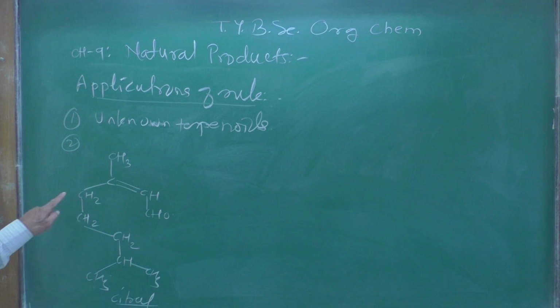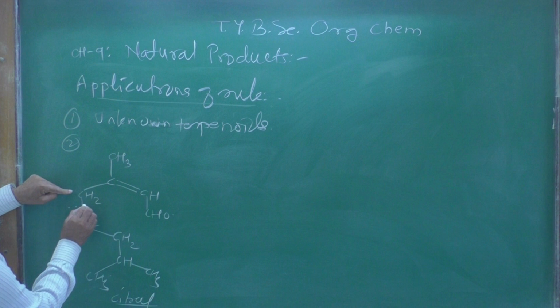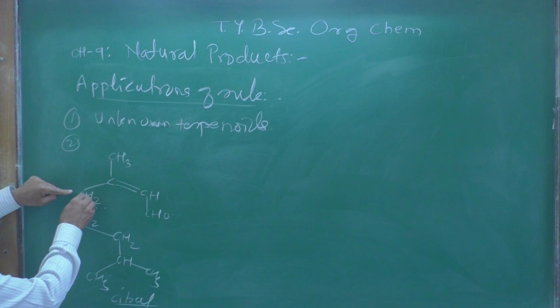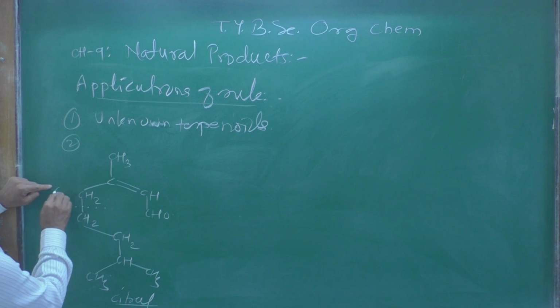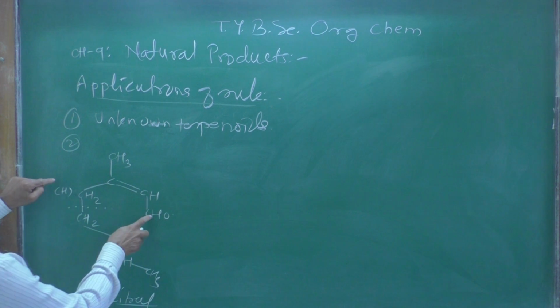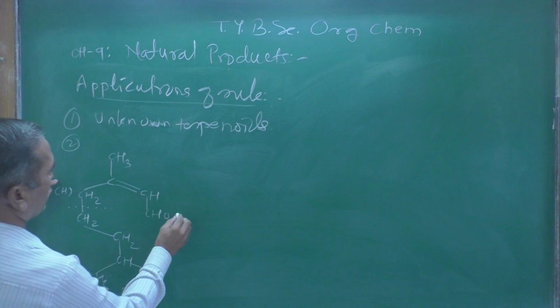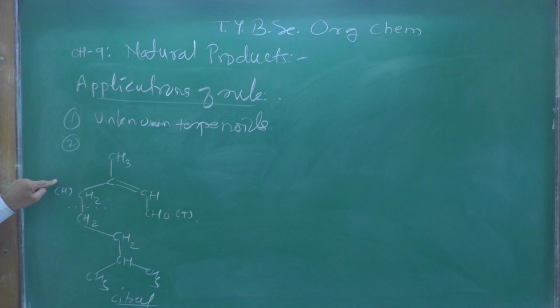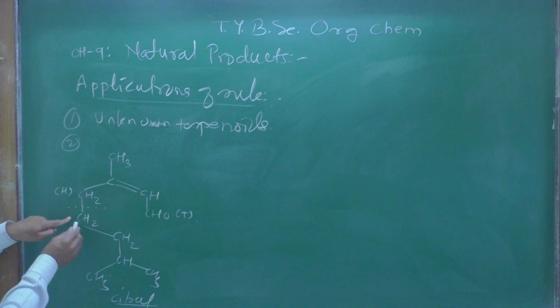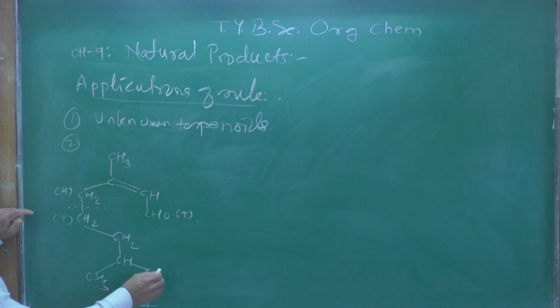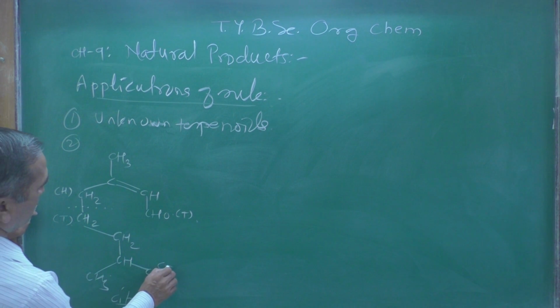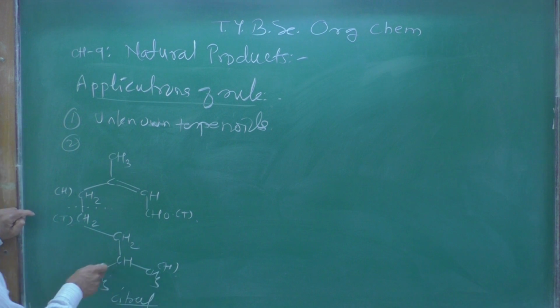Now look here: this CH2 double bond, CH3. This is the head, and 1, 2, 3, 4, this will be the tail in that case. And another one, here you remember, this is the tail, and here we can call it a branch, or this is a head, because there is a branch there. So this citral is one of the structures.